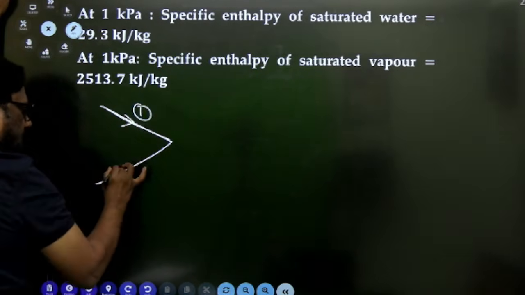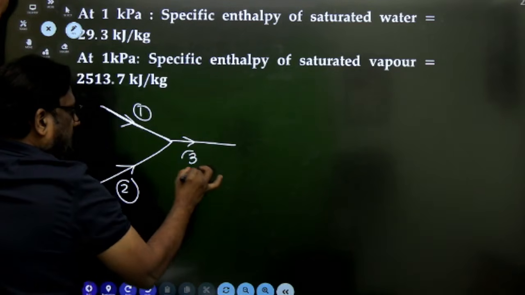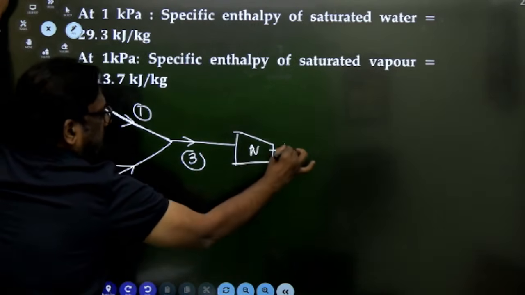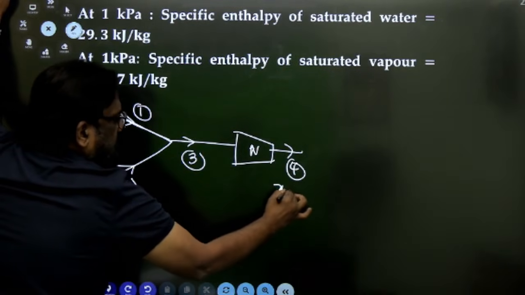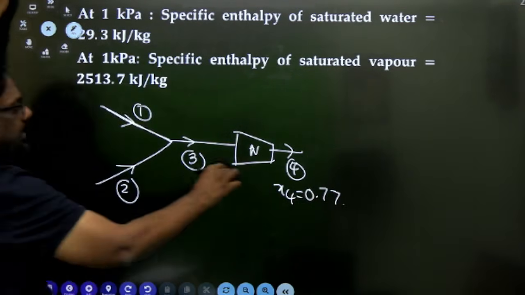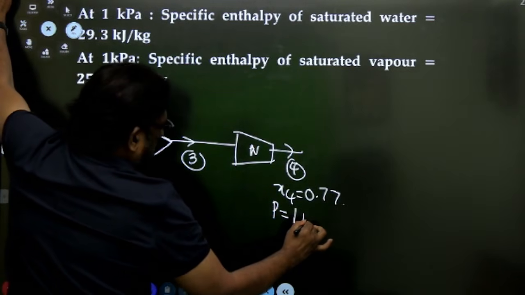This is 1, this is 2, this is 3, and there is a nozzle, and this is 4. Here the dryness fraction is given, and he also gave the pressure. यहाँ का pressure भी दे रखा है सर, 1 kilopascal.